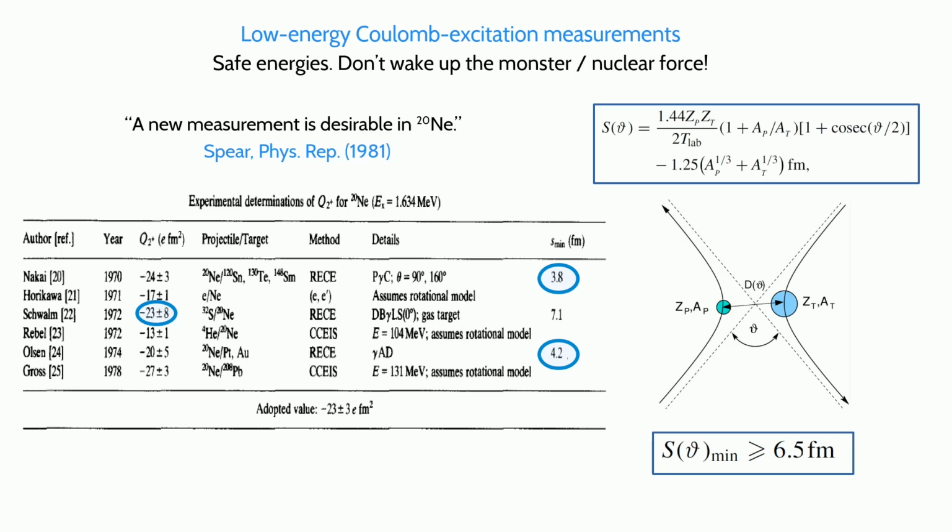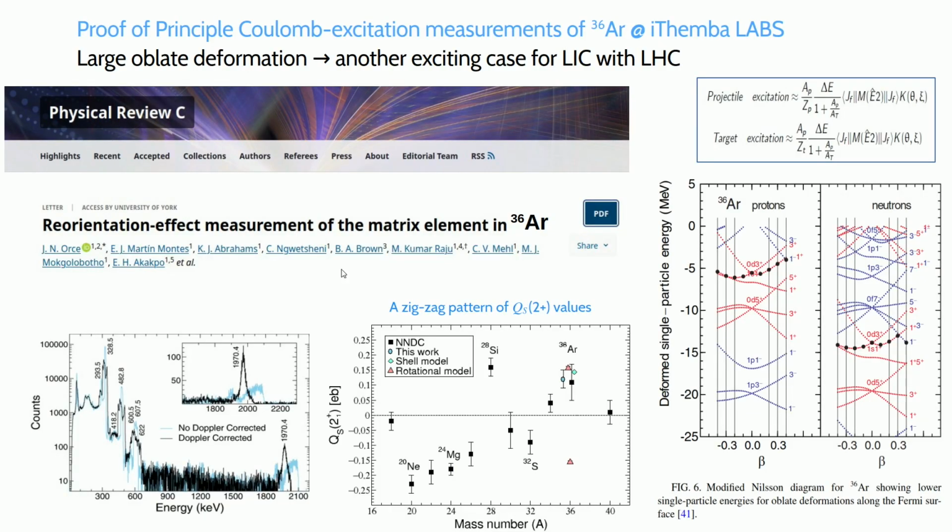The key here was to run, as you can see here, with the projectile sulfur, and if you go to heavier targets like lead-208 or platinum 194, 196, the reorientation effect is enhanced. You have more sensitivity to the quadrupole moment. This is what wasn't done before.